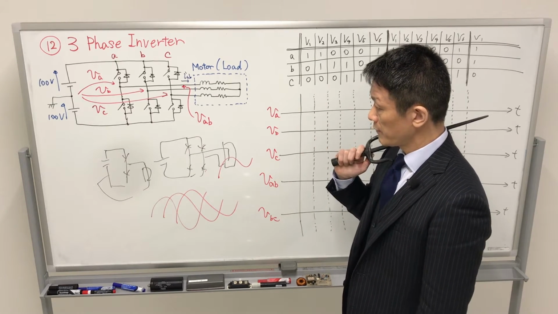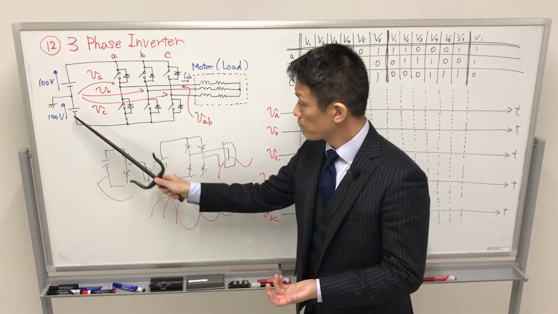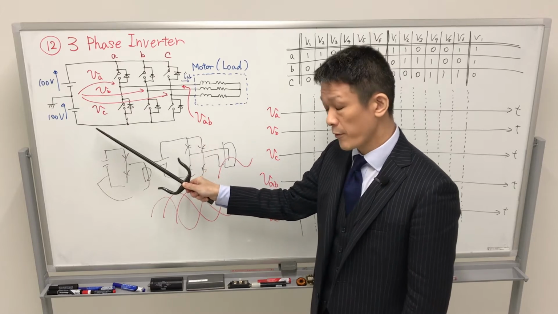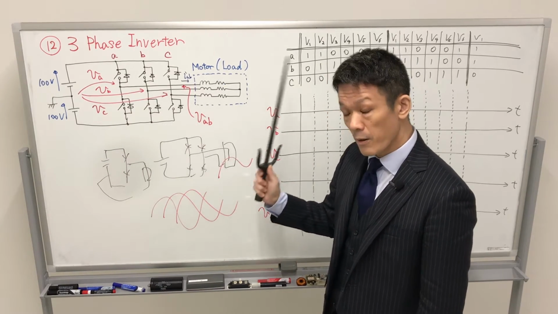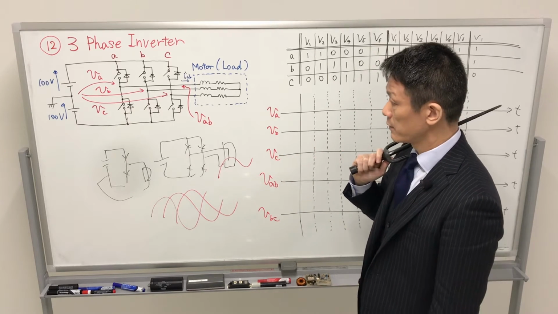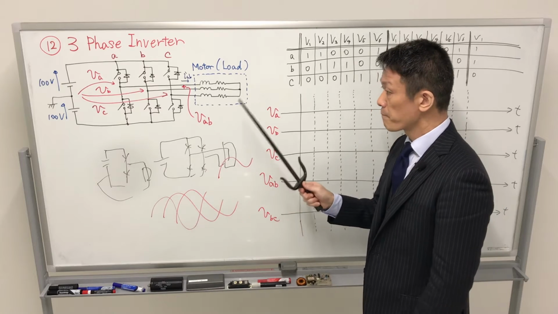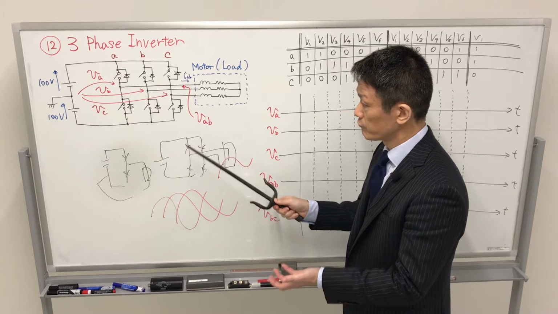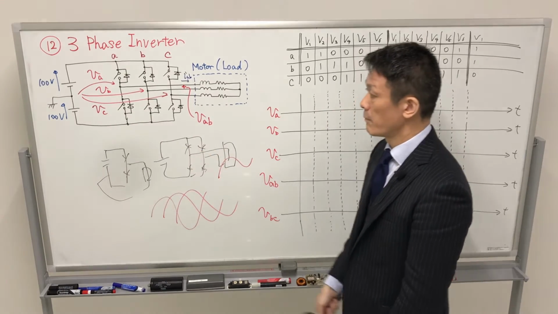This means effectively using the DC bus value and effectively using the number of power semiconductors in the case of the three-phase inverter.